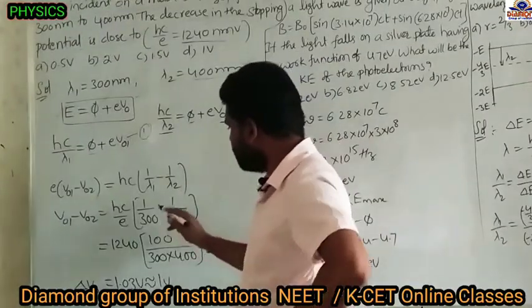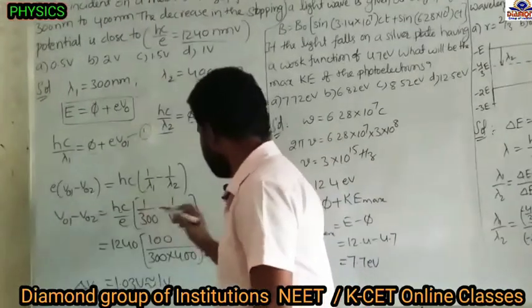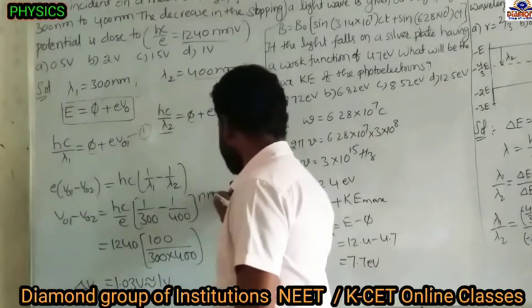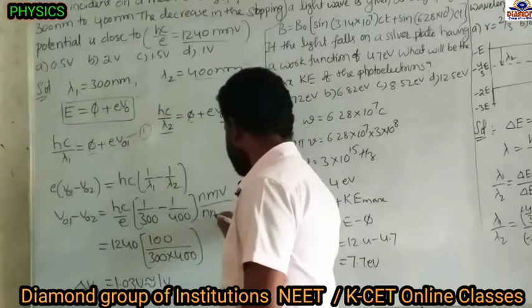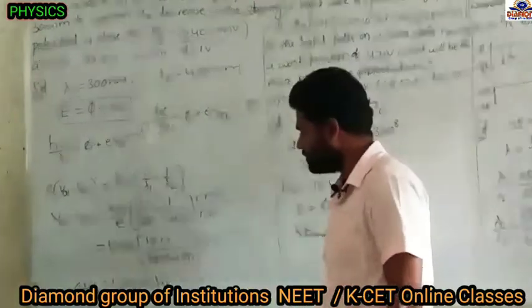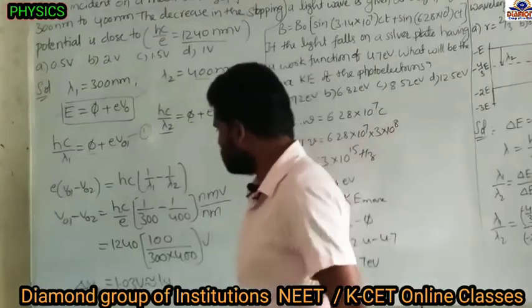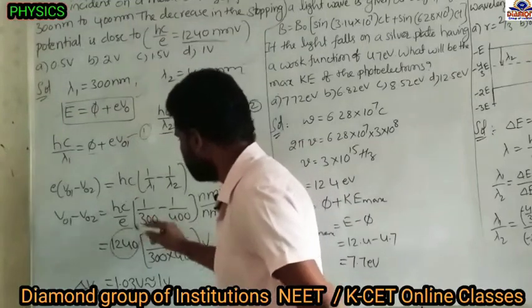Okay, so here wavelength also in terms of the nanometers. So hc by e unit is nanometer volt and wavelength unit is nanometer. Finally, we will get the answer in volt. Nanometer will be cancelled, we will get the volt. Okay, now see here, hc by e value is how much? 1240. So 1240 I am writing for hc by e.